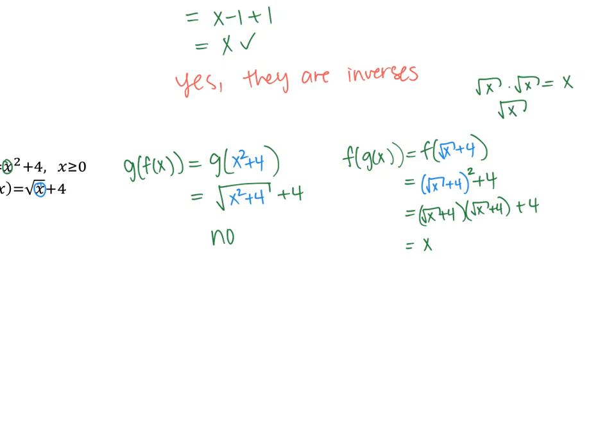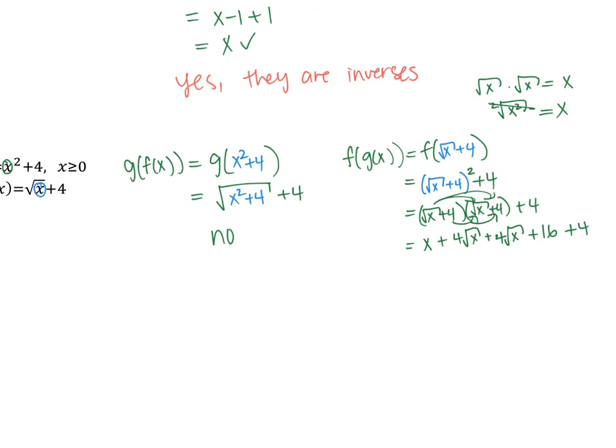So x times x is x squared, and a square root and a root cancel each other, and that's how I got the x. Square root of x times 4 is just going to be 4 square root of x. 4 times a square root of x is another 4 square root of x, plus 16. 4 times 4 is 16, plus 4.